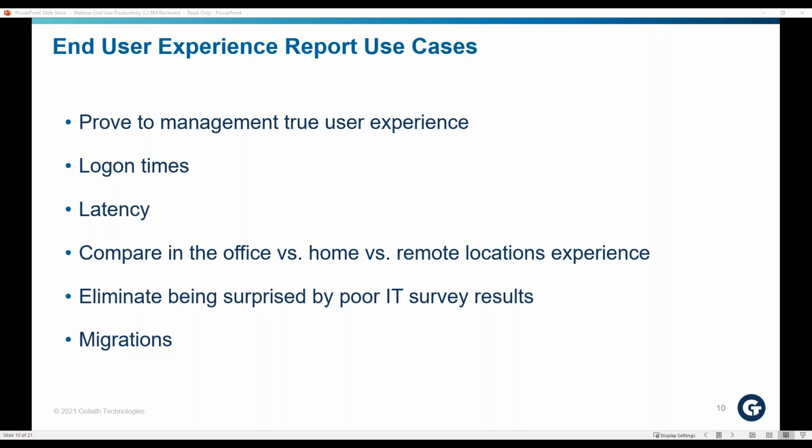But once they're staring at the screen, they kind of go, yeah, things have been kind of slow. No, I'm dissatisfied. And so, again, you need data so that, one, you're not going to be surprised by any type of scores. And two, if they do come out and say, it might not be an issue when it comes to Citrix or Horizon, here's what we're seeing, right? Or you've already addressed some of the issues, proving that it might be a network issue, a storage issue, a home Wi-Fi issue.